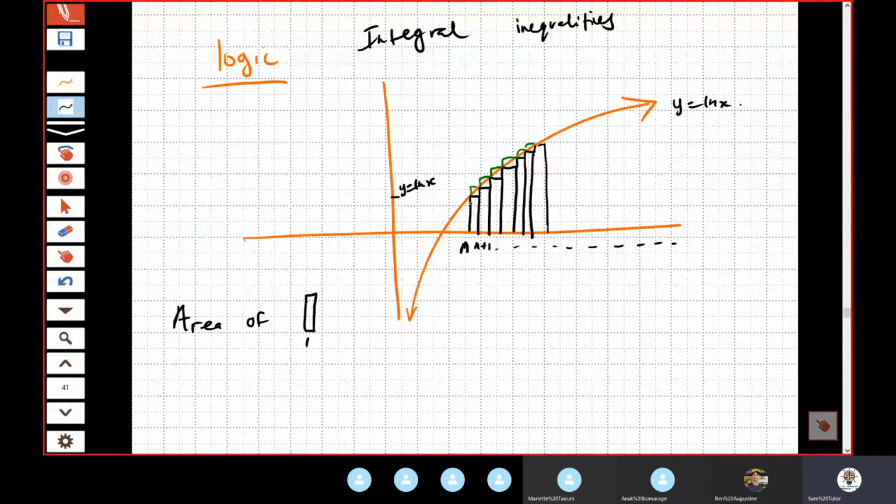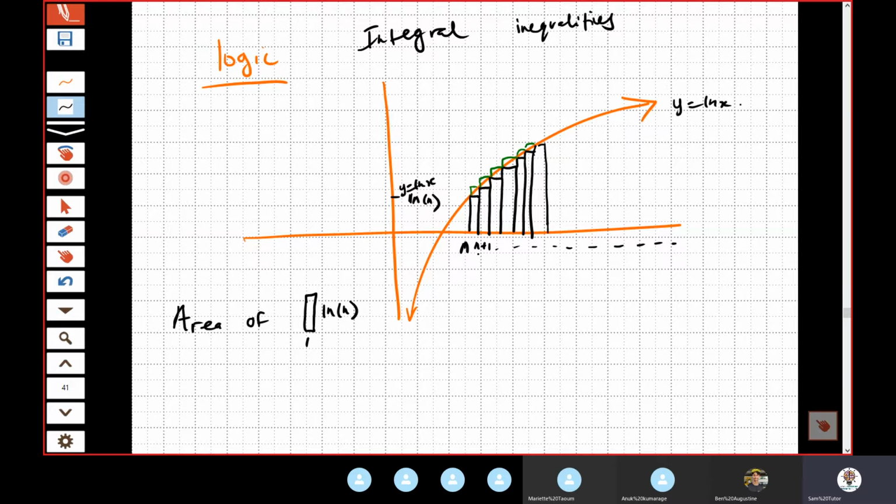So you're going to sub in n, and you'll find that height, which would be log n. Do we understand what I've just done there? I substituted the x value, went up, and now I know my width and my height of my rectangle. Anouk, does that make sense?